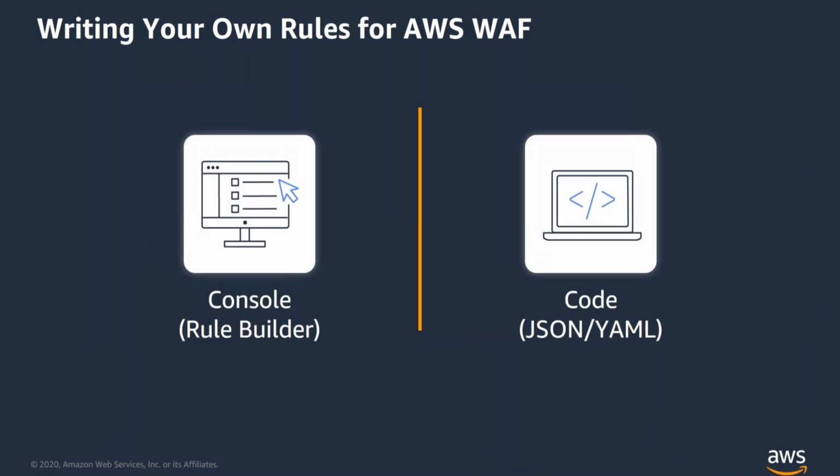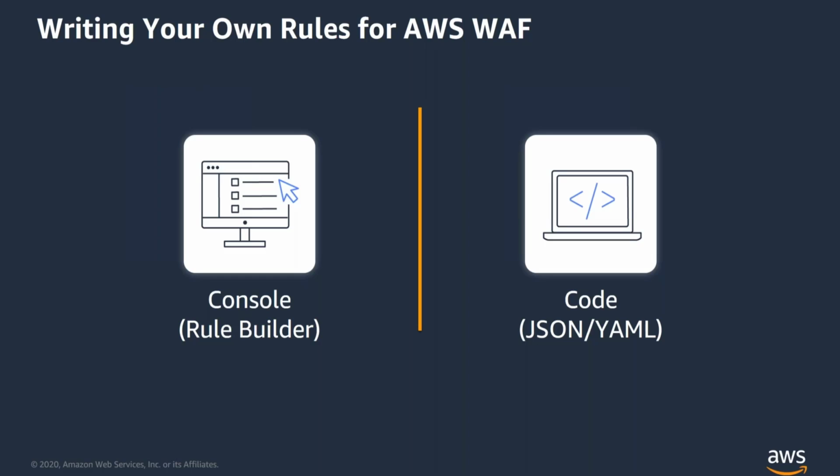So there are two ways to write your own rules within AWS WAF. Console is easier, but there are certain logic and operations that you will not be allowed to do. For instance, there are a max number of statements that you can configure, and you're not allowed to nest multiple logical statements.